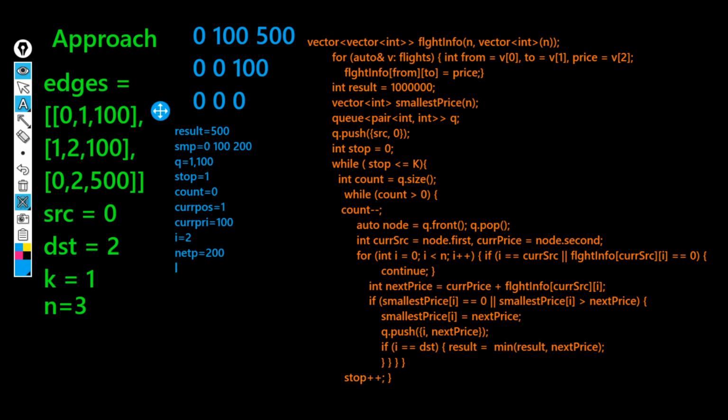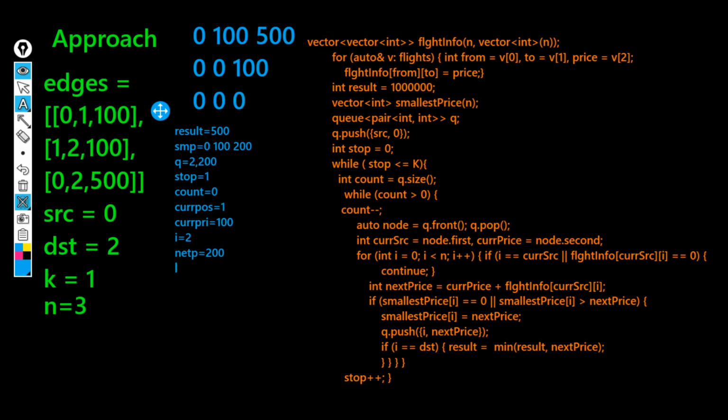Now the result will be checked. Before that, q will be pushed, and here it will come 2,200.